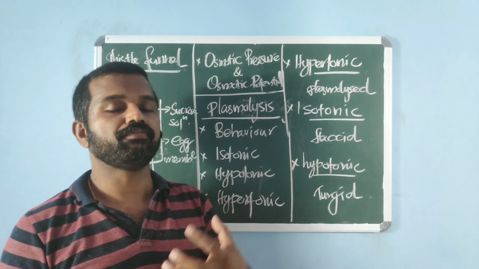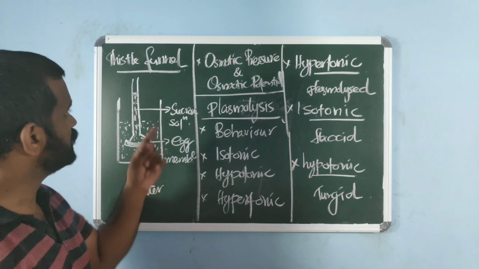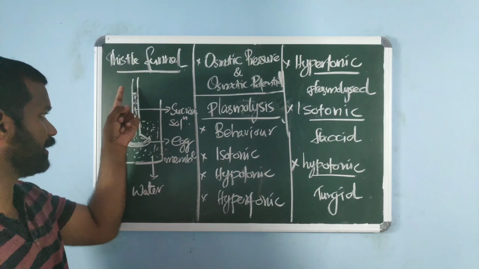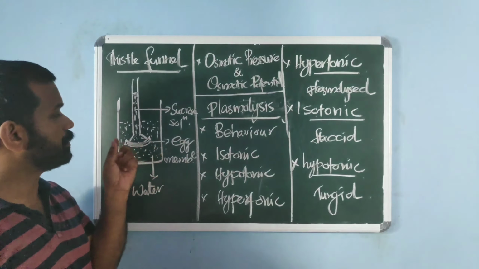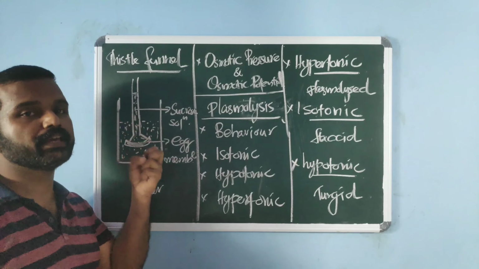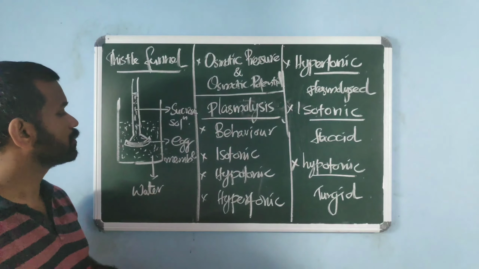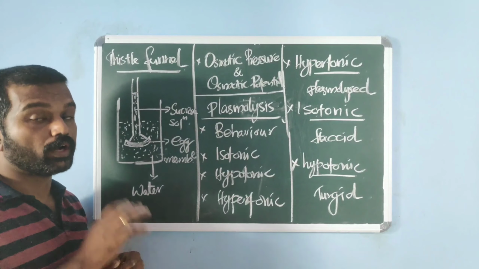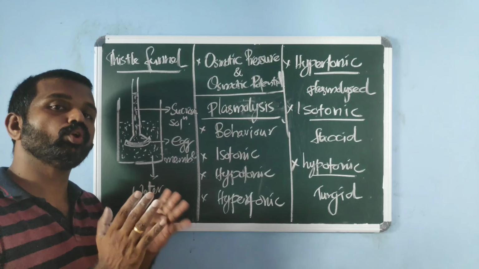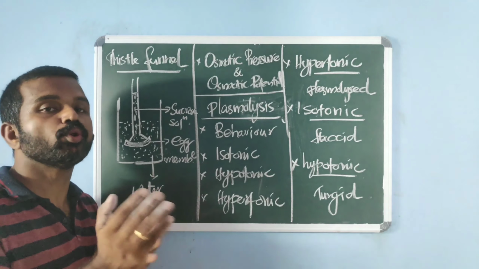It's about the thistle funnel experiment. A sucrose solution taken in a thistle funnel is separated from water taken in a beaker by an egg membrane. Here, water moves from a region of higher concentration to lower concentration, or higher potential to lower potential.